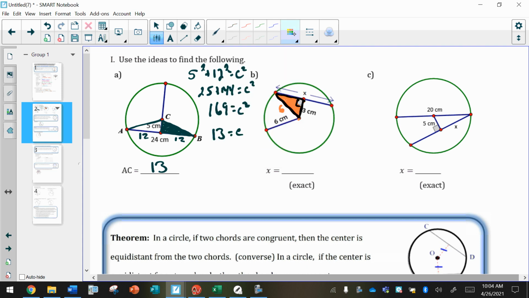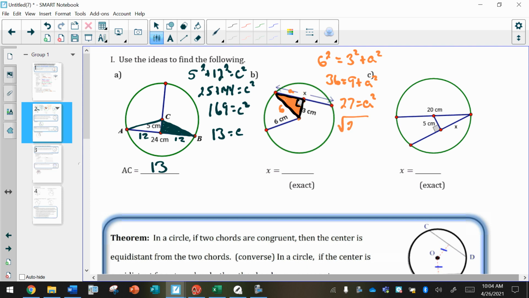So let's use Pythagorean theorem. We'll do our hypotenuse, which is our radius, which is 6. That's the C. And then we have a leg of 3. And I'll just use letter A for the other part. So 36 equals 9 plus A squared. Subtract 9 from both sides. We get A squared equals 27.